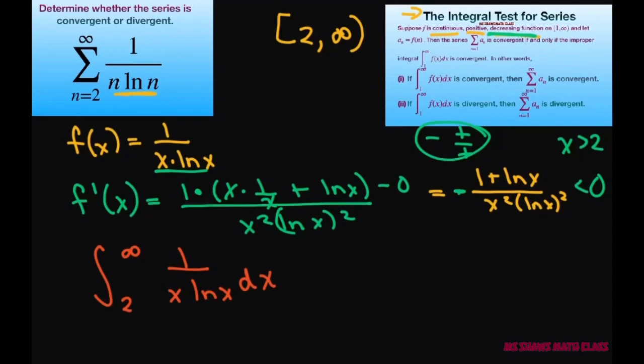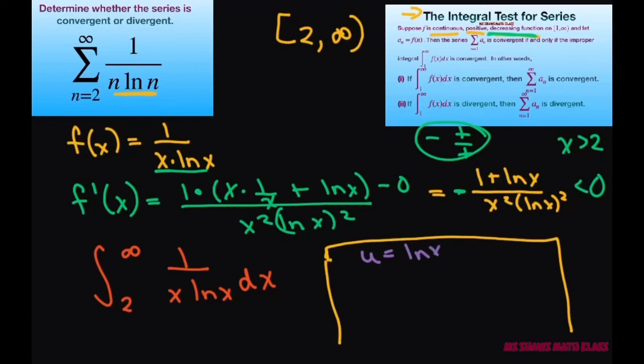Before we get started using the integral test, let's use u substitution. If we let u equal ln of x, then du equals 1 divided by x dx. So we're going to have the integral of 1 divided by u du. Then we substitute back in the u, which is ln of x.